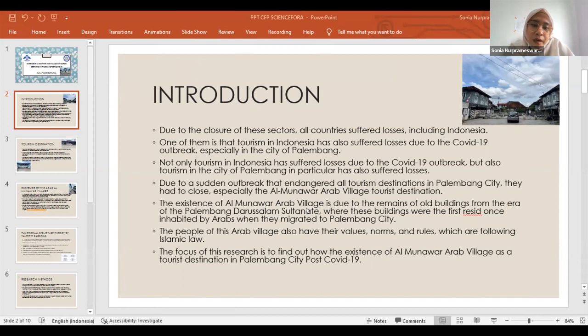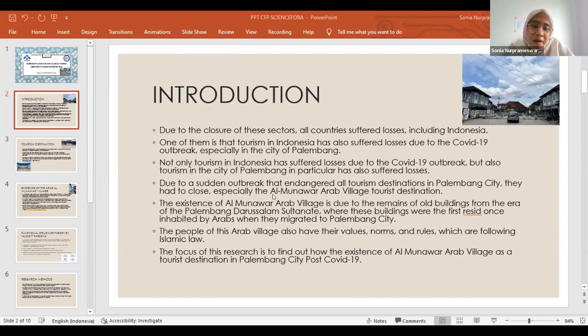Due to the sudden outbreak that endangered all tourism destinations in Palembang city, they had to close, especially the Al Munawar Arab Village tourist destination. The existence of Al Munawar Arab Village is due to the remains of old buildings from the era of the Palembang Darussalam Sultanate, where these buildings were first inhabited by Arabs when they migrated to Palembang city.